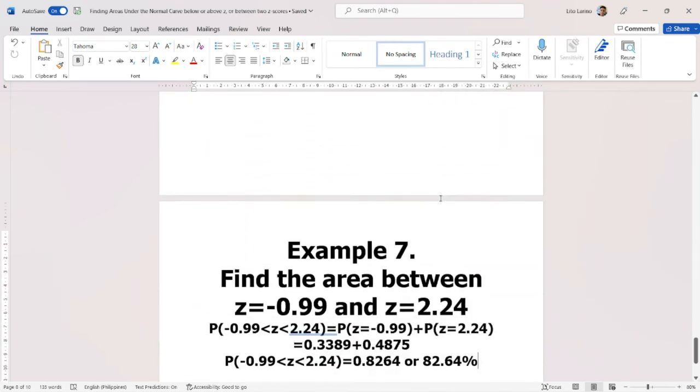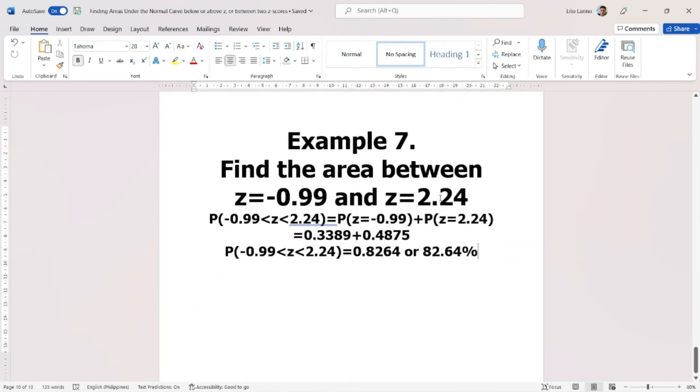But when the z-scores are located below and above the mean, that means one of the z-scores is negative and the other is positive, we add the two areas to determine the area between them. That is how we are going to determine the areas between two z-scores, below a given z-score, and above a given z-score under the normal curve.